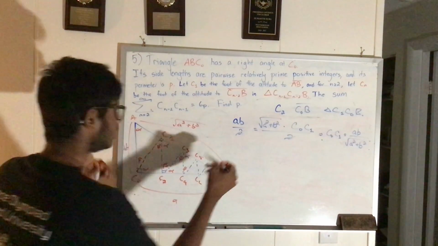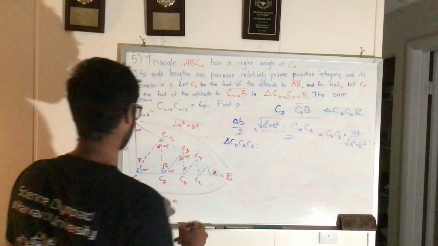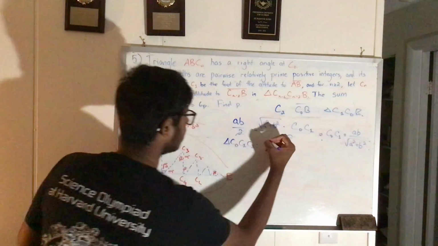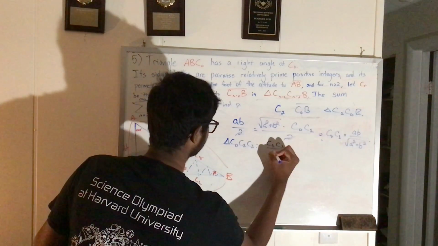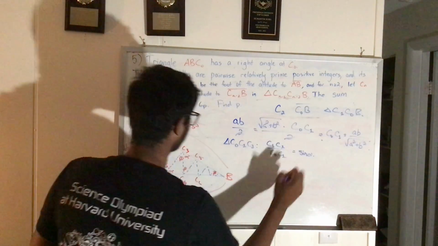So in triangle C0C1C2, we have C1C2 over C0C1 is equal to sine of alpha. And it kind of becomes a trend here.